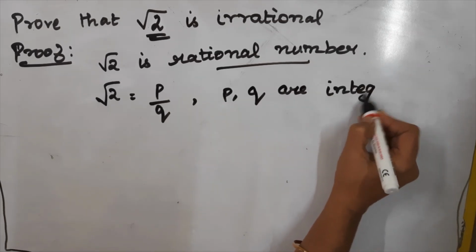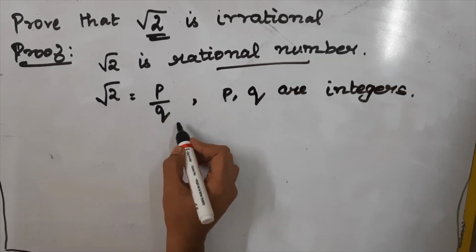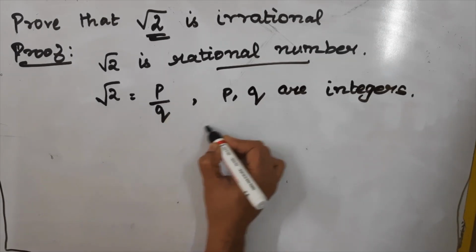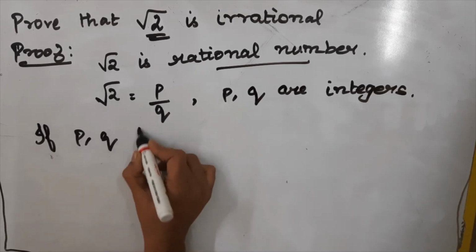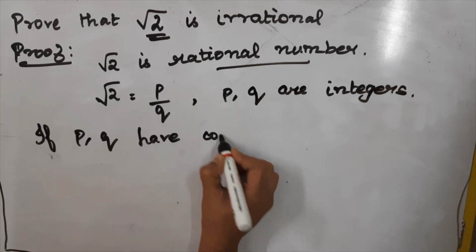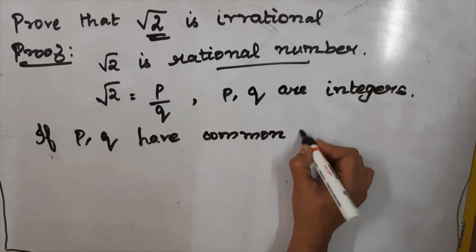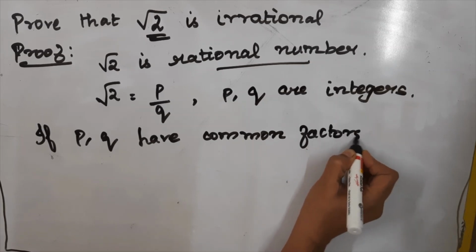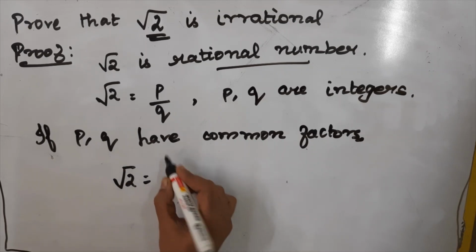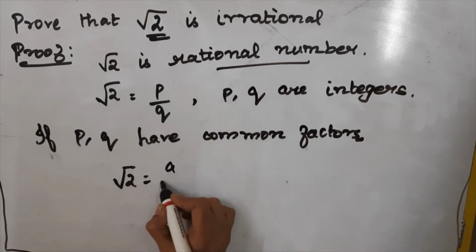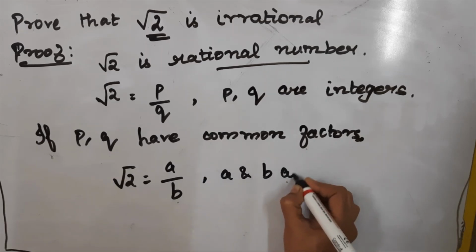Since p and q are integers, they might have some common factors, which we can eliminate. We'll just write root 2 is equal to a by b, where a and b are co-primes.